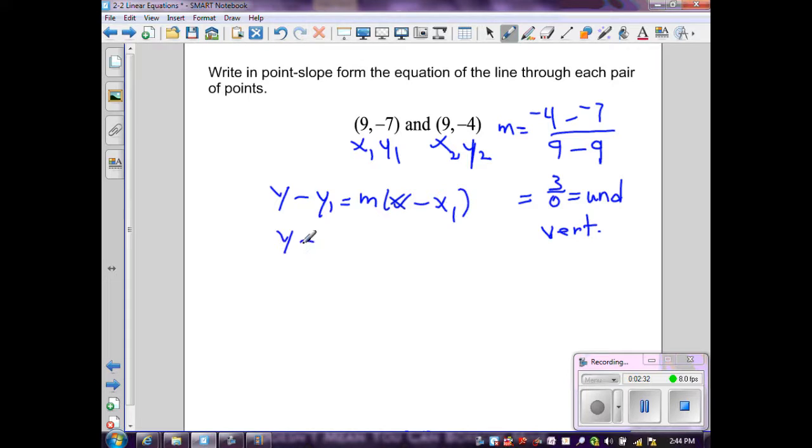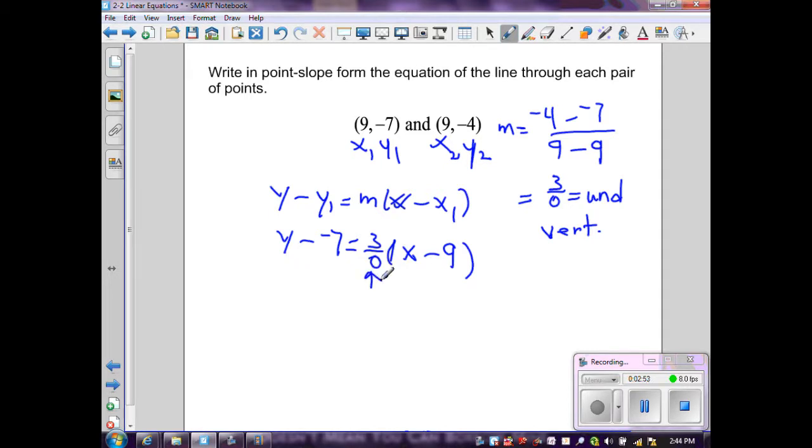Therefore, y minus a negative 7 equals an undefined slope, 3 over 0, times, when I substitute in for the rest, x minus x1, which is going to give me 9. But there's not much I can do with this equation because of this undefined slope.